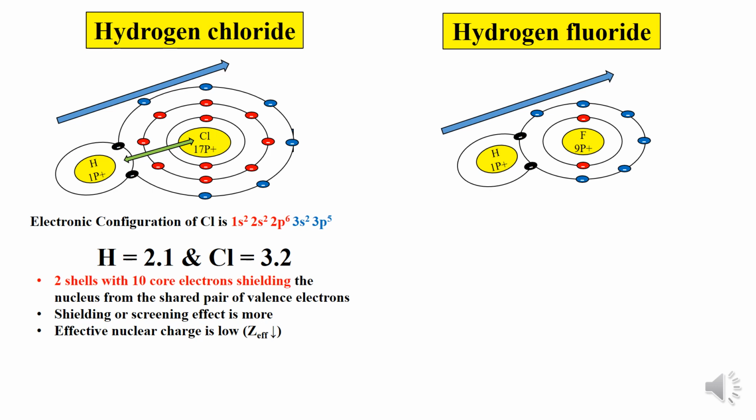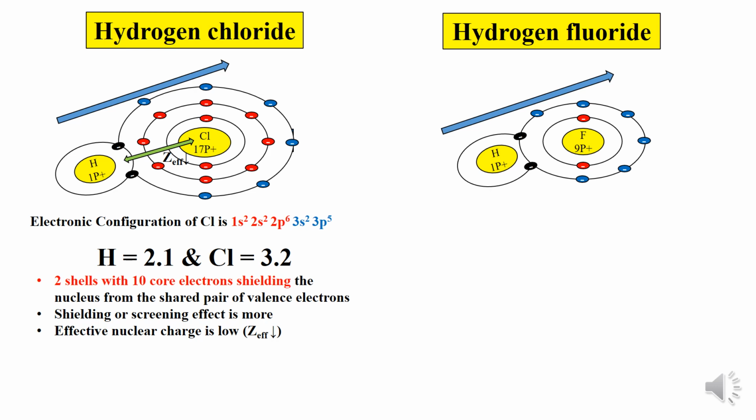Shielding is a phenomenon where the inner core electrons partially block or reduce the electrostatic force of attraction between the positively charged protons and the shared pair of electrons. So here we have 2 shells with core electrons, and each shell acts as a shield, reducing the electrostatic force of attraction between the positively charged protons and the shared pair of electrons.